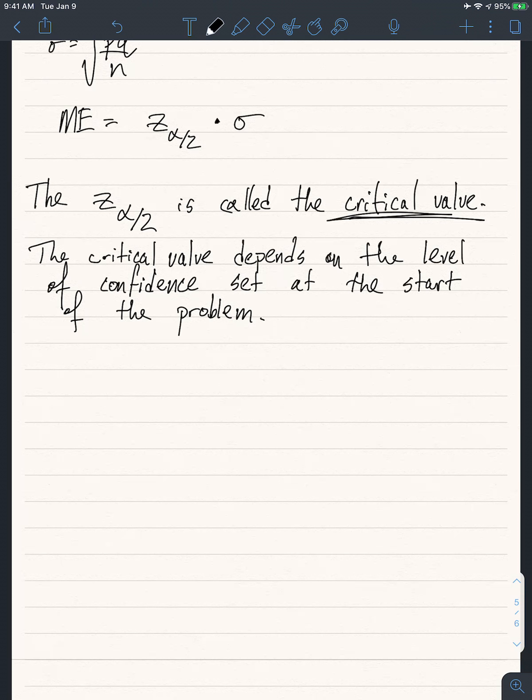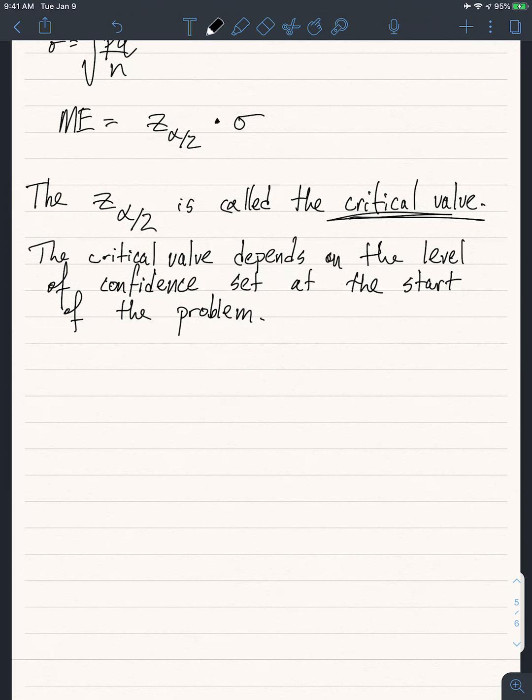So your critical value is going to depend on the confidence level set at the start of the problem. So the critical value for a 99% confidence interval is going to be different than the critical value for a 95% confidence interval, which is going to be different from 80%, whatever, 73% if you want to be one of those weirdos that creates a 73% confidence interval. Those critical values are going to be different for the different levels of confidence out there.